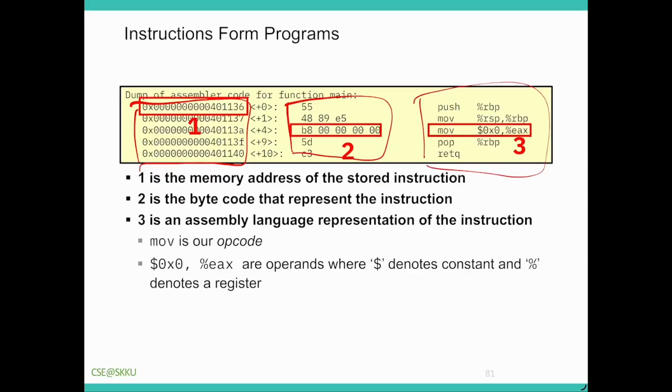And number three is an assembly language representation of the instruction. These are the types of commands, and we call this the opcode of the ISA, and this dollar sign zero or percent sign EAX are the operands, where the dollar sign denotes a constant and the percent sign denotes a register.